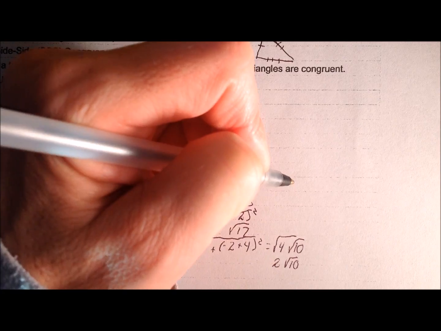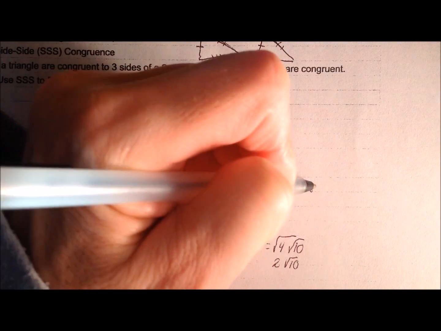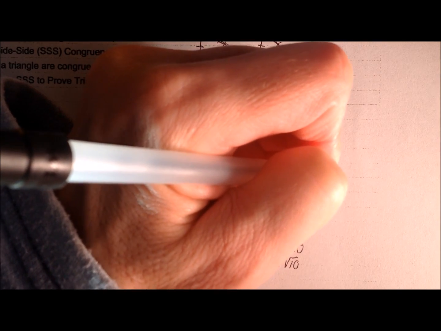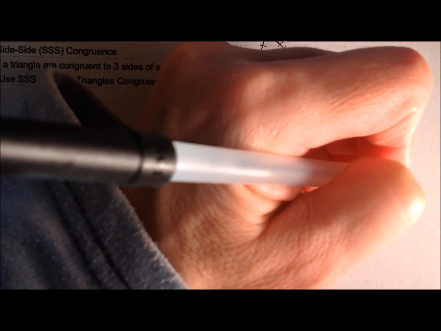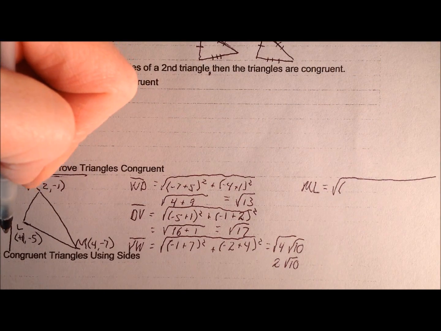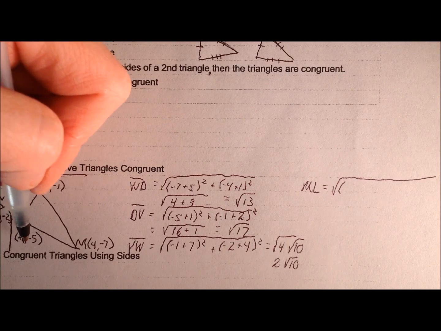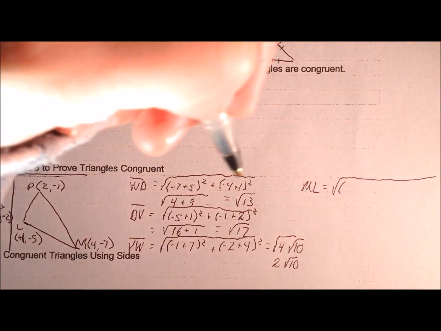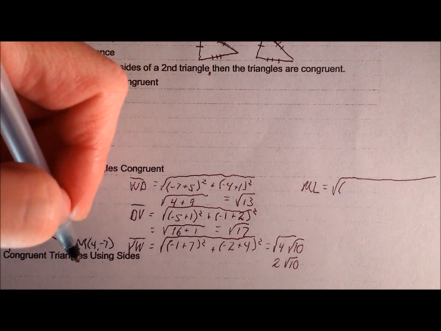So we have ML is equal to radical, and we're doing this one here.